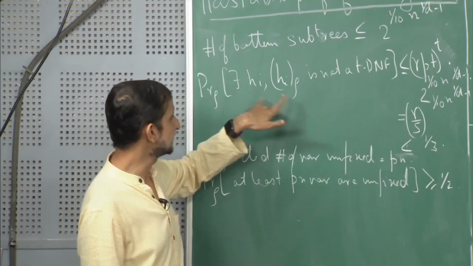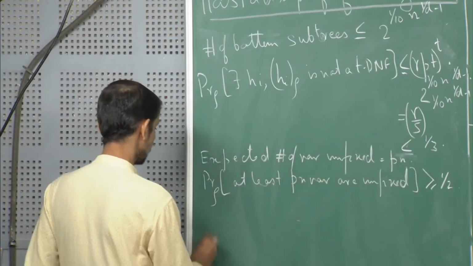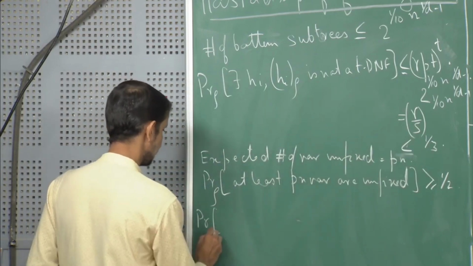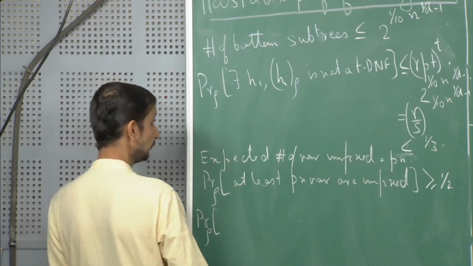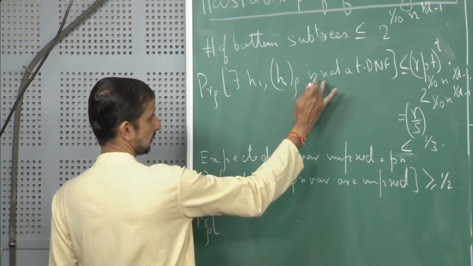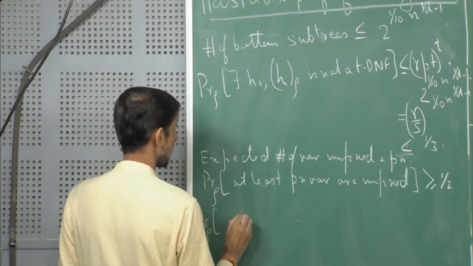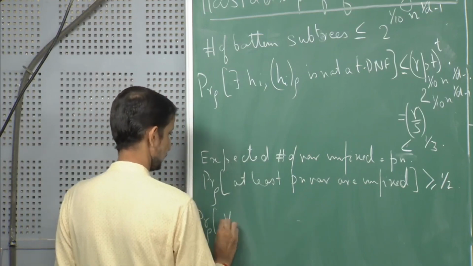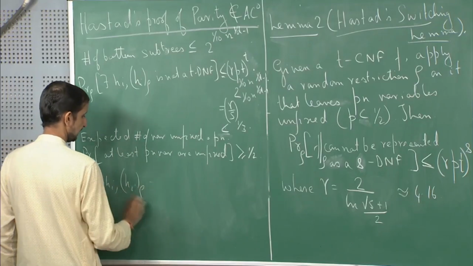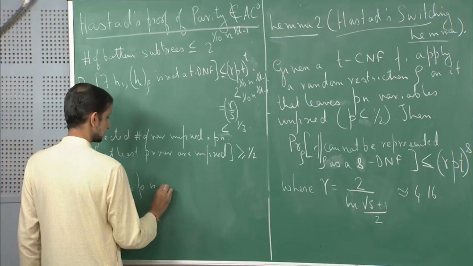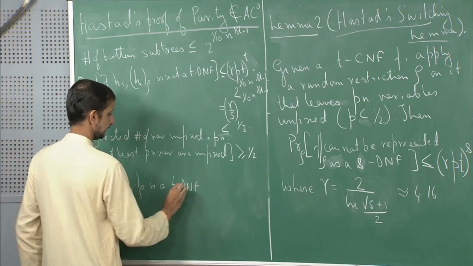And we have that the probability that there exists an H_i such that this is not a t-DNF is less than 1/3. So, consider the complement of this and the other event being simultaneously true, that is, for all H_i, H_i restricted to rho is a t-DNF.